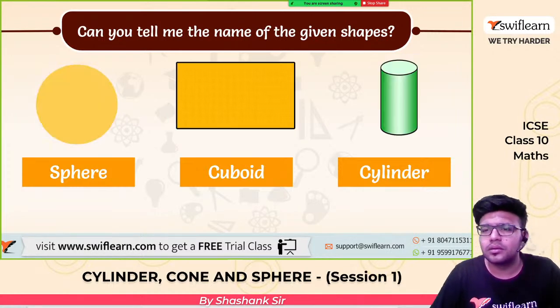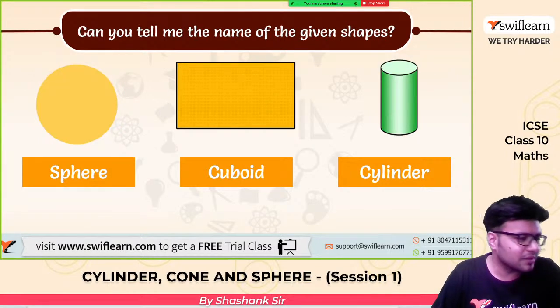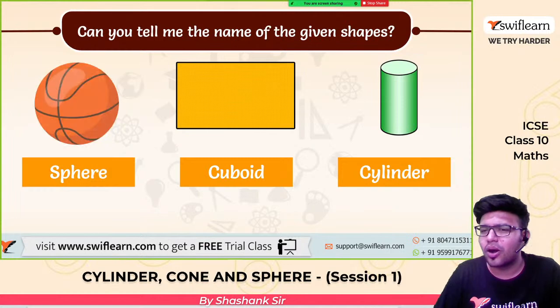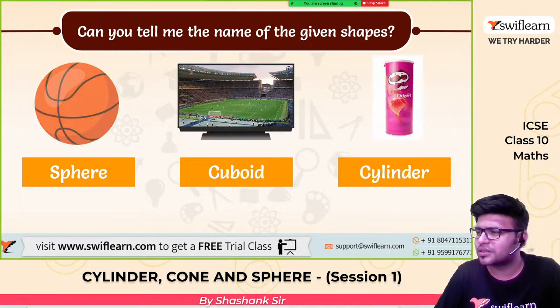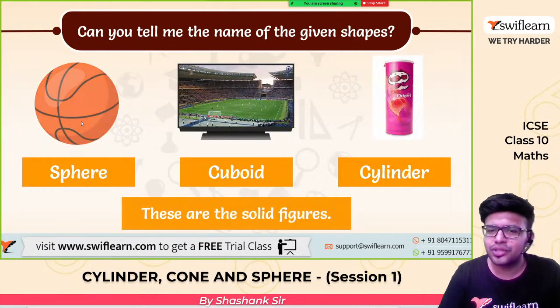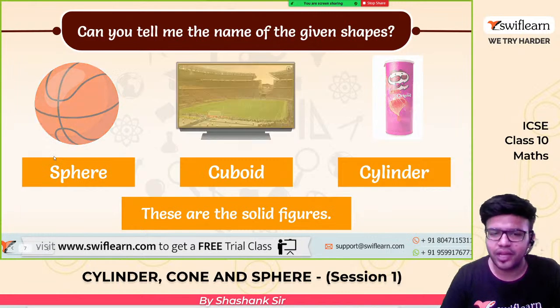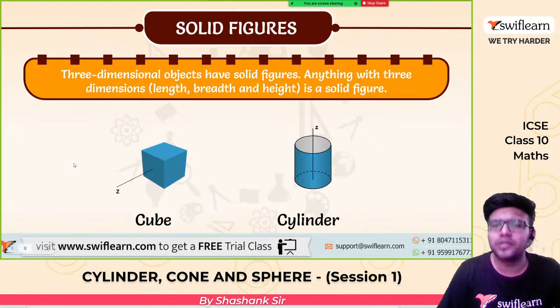Okay. So a chips container, or say a glass or water bottle, are cylindrical objects. Yes. So not exactly, but we can assume them as these objects. So these are all solid objects.